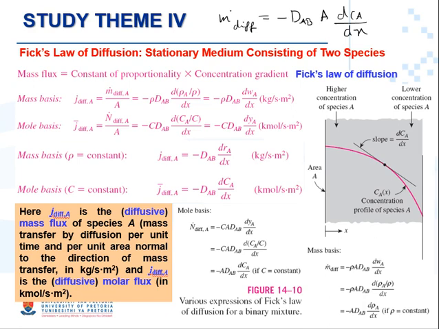But we know that the concentration of a species in a gas mixture or liquid or solid solution can be defined in several ways, such as density, mass fraction, molar concentration, mole fraction. So Fick's law can be expressed mathematically in many different ways. Okay, so now we just want to see how those different ways look.